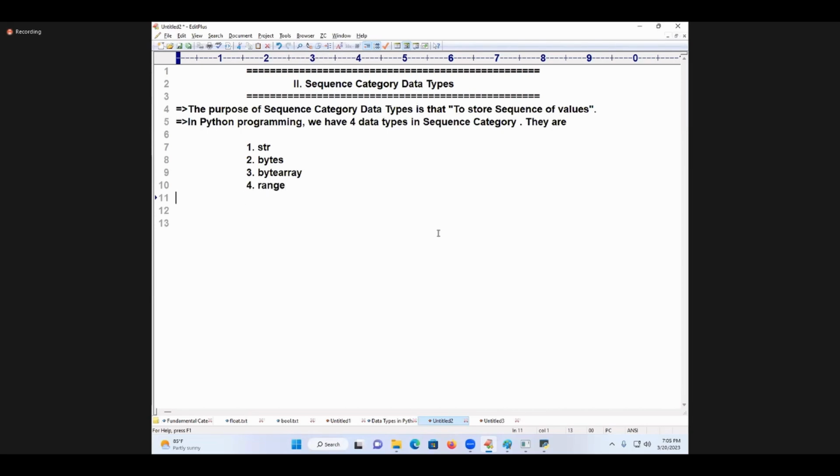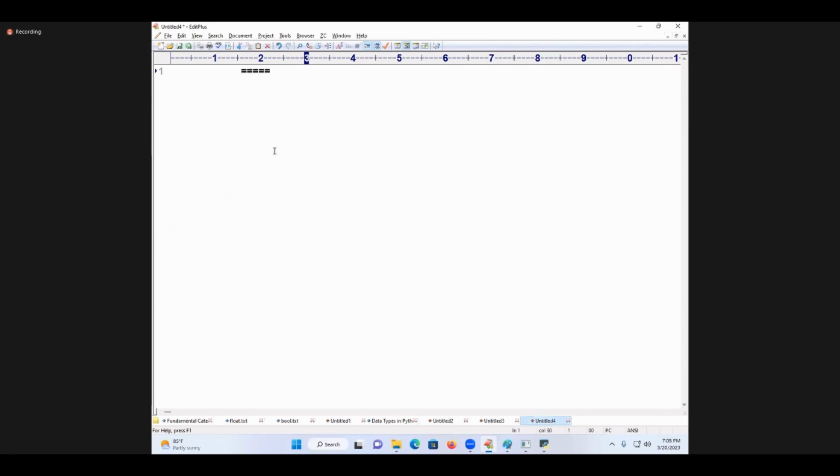Now I am going to enter into the STR data type. My dear students, I am coming to the STR data type. Careful now. This STR data type, I am going to talk in 2 parts, part 1 and part 2.